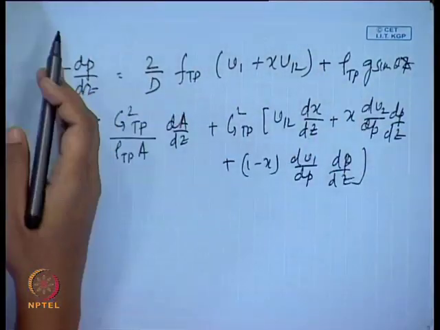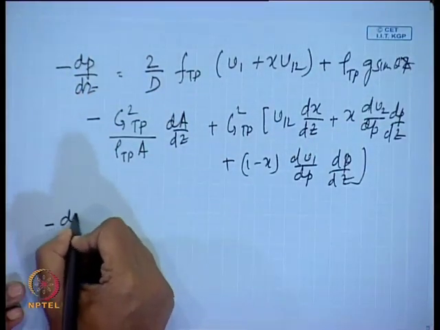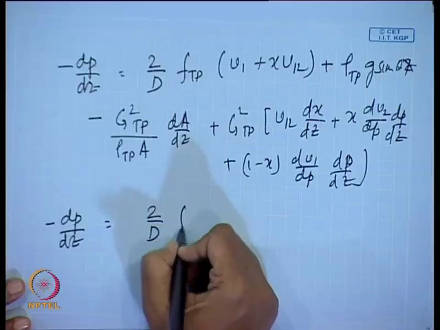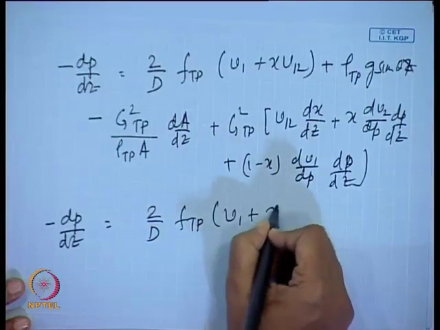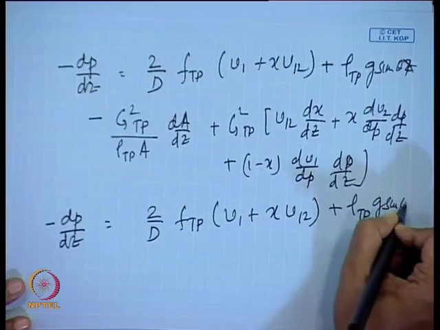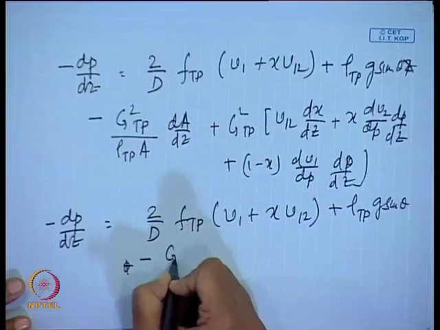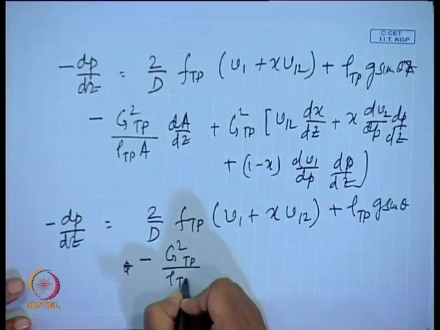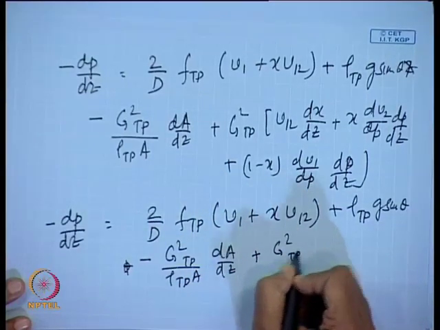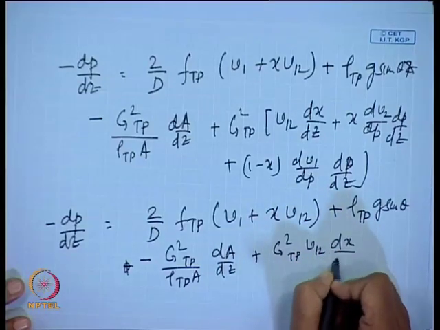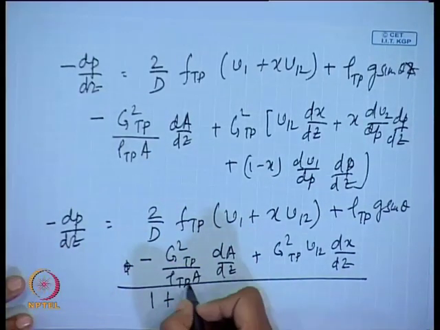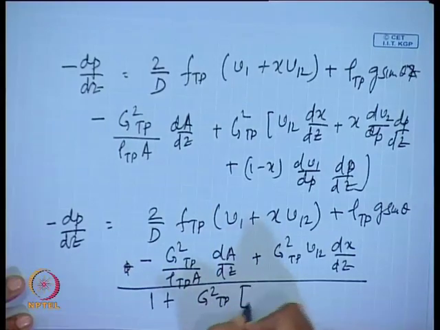Now, let us take all the pressure gradient expressions to the left hand side. Under that circumstance, what do we get? We get an expression as this, and this divided by G square 2 phase, because everything has been taken to the left hand side.